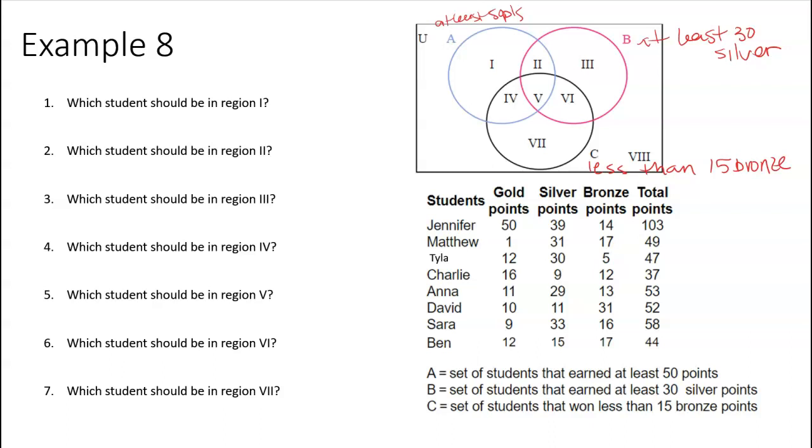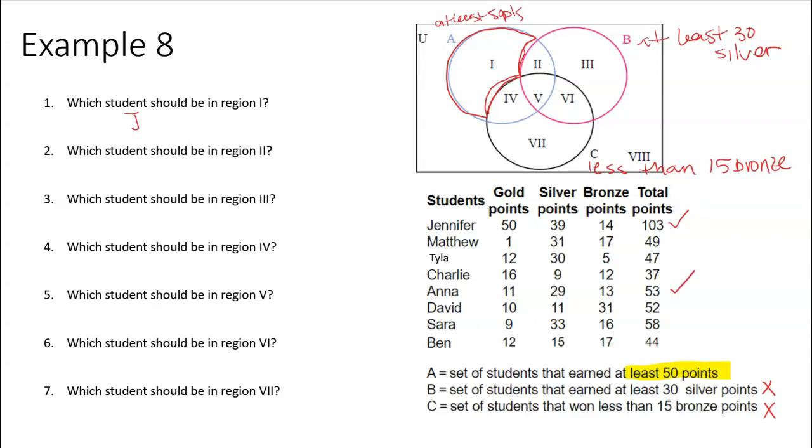Okay, let's make sense of region 1. Well, that has A only. So we're looking at, okay, which student won at least 50 points, but not at least 30 silver and not less than 15 bronze. Let's start with at least 50 points. I'm going to look over here. It could be Jennifer.